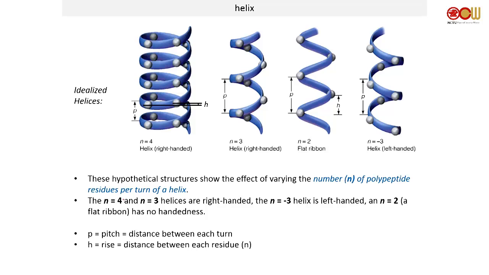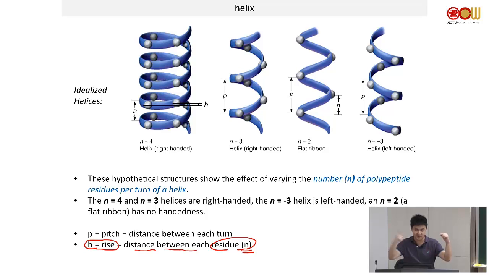Now, again, we have the helix rise, and what it is, helix rise, H, is the distance between each residue N. So each residue N, we have a rise. Between this amino acid residue and the next amino acid residue, the difference in height, that we call rise. And then we also have this thing called pitch.